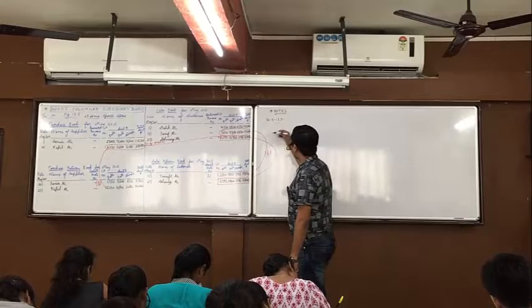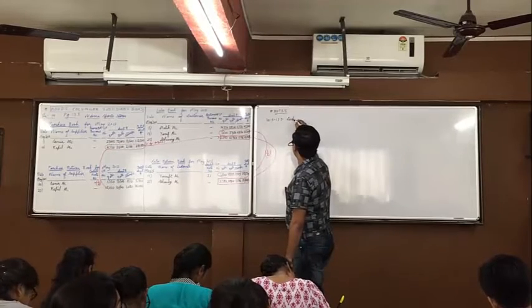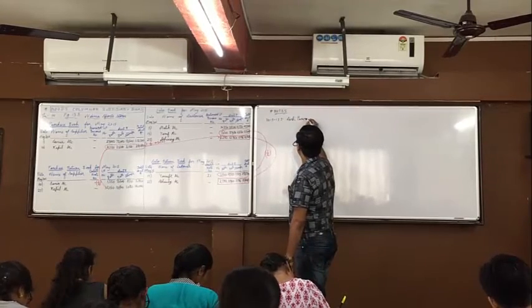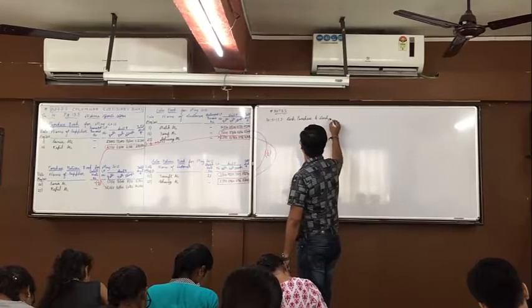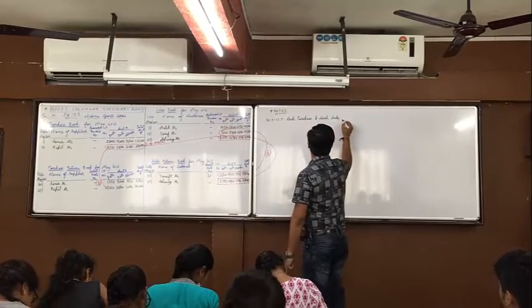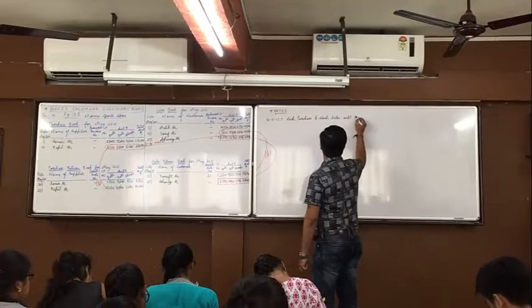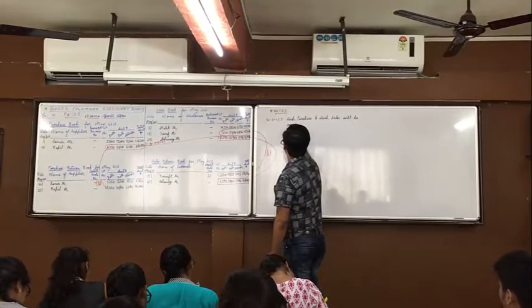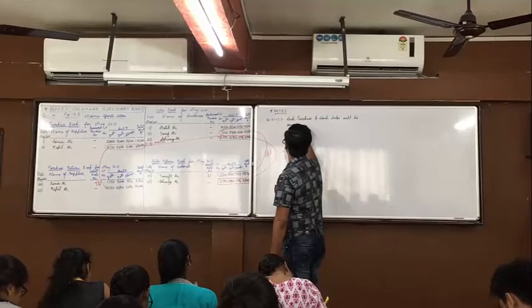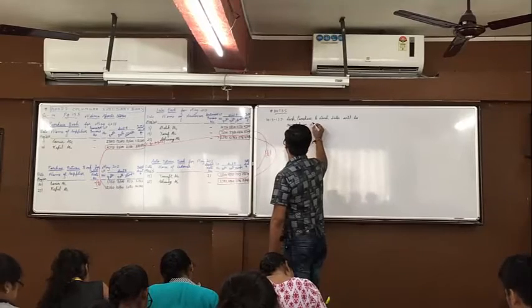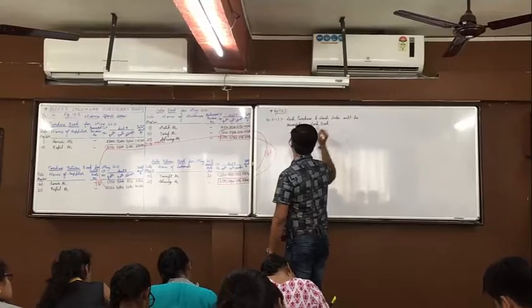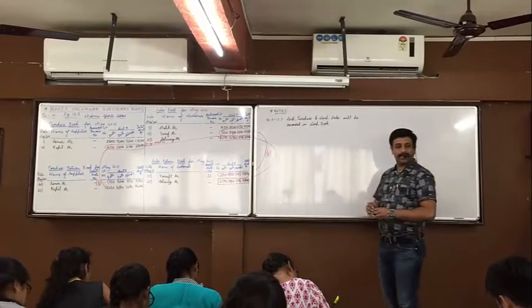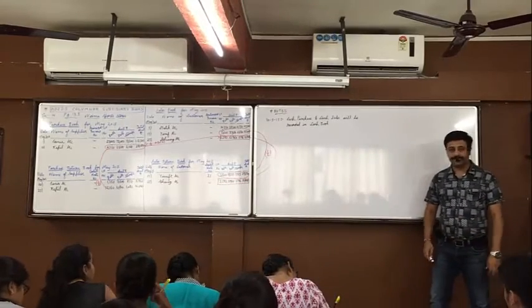Date 30/5/15, cash purchase and cash sales will be recorded in cash book. Understood that, everyone? Okay.